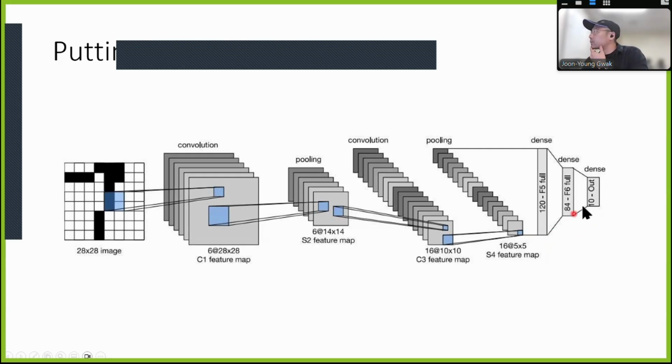Then it will output some softmax vector, which will be compared with some loss function and used to update all the weights, not only in this MLP but also the weights learned in between the convolutions.